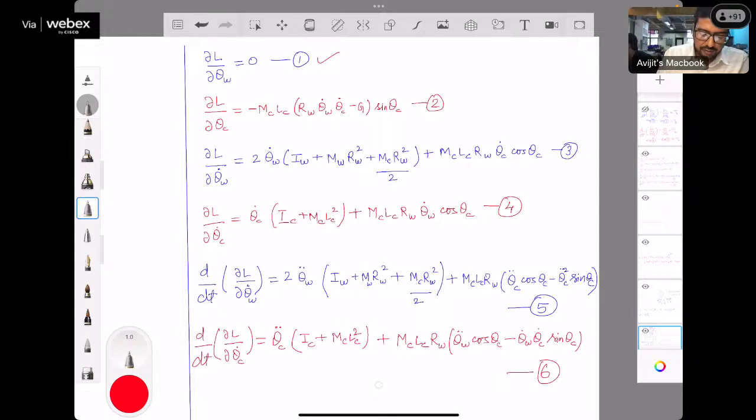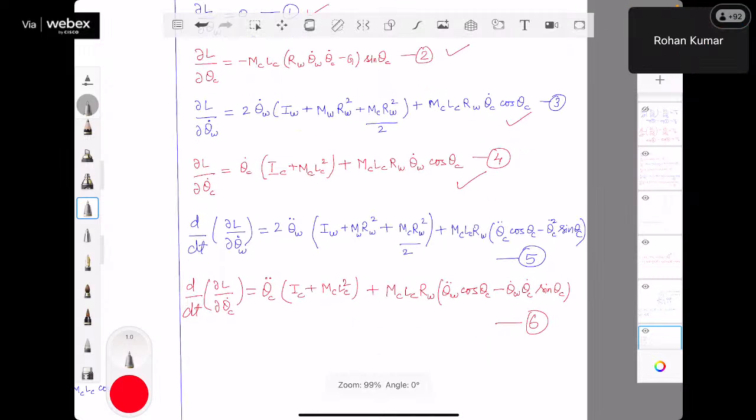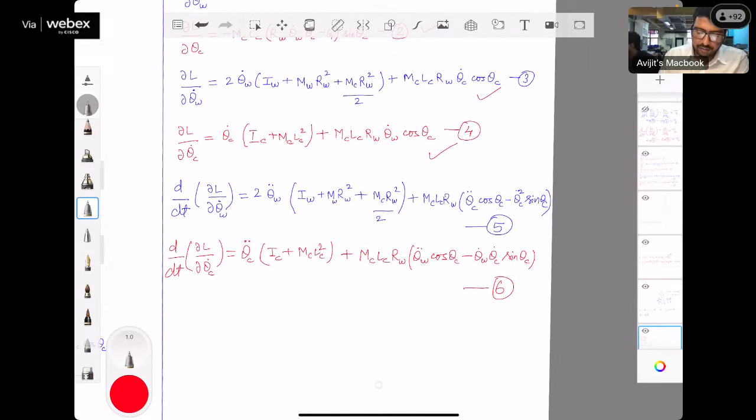So here we have del L by del theta W. Then we'll calculate del L by del theta C. We calculated del L by del theta W dot, del L by del theta C dot, and then further we did the time derivative of equations 3 and 4, and we got equations 5 and 6.